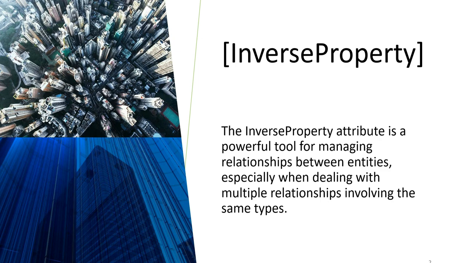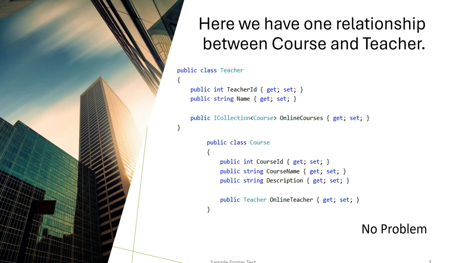So in particular, the inverse property attribute is very useful for clarifying, because otherwise, if you don't have it clarified in how you build your models using this code-first approach in particular, then Entity Framework Core will just throw up its hands and say, hey, I don't know what it is you're trying to do here, and give you a very cryptic-looking error message.